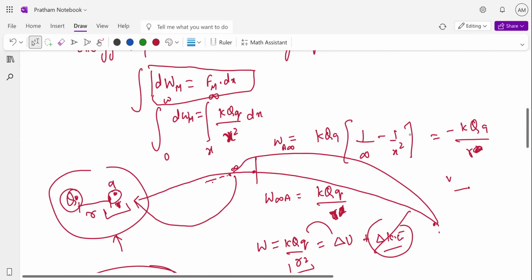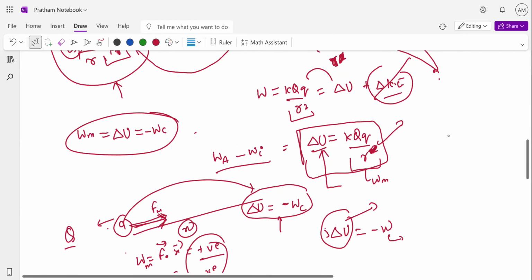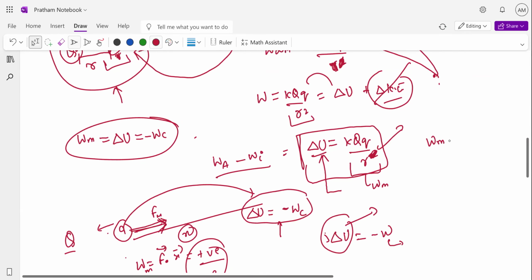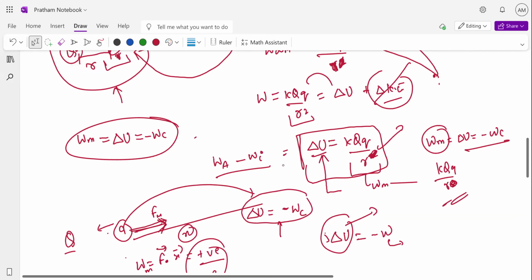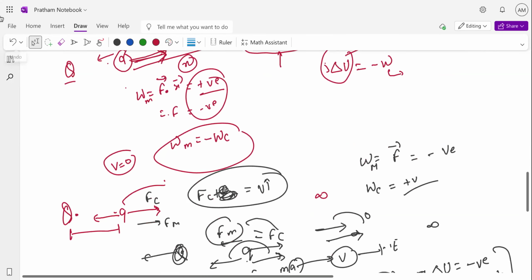When you integrate it, the square will get cancelled. I said work done by man is nothing but change in energy, which is negative of WC, and the whole thing was equal to KQ and the other charge divided by R. So the same thing we have applied. This is from lecture 11. I'm still in the lecture.